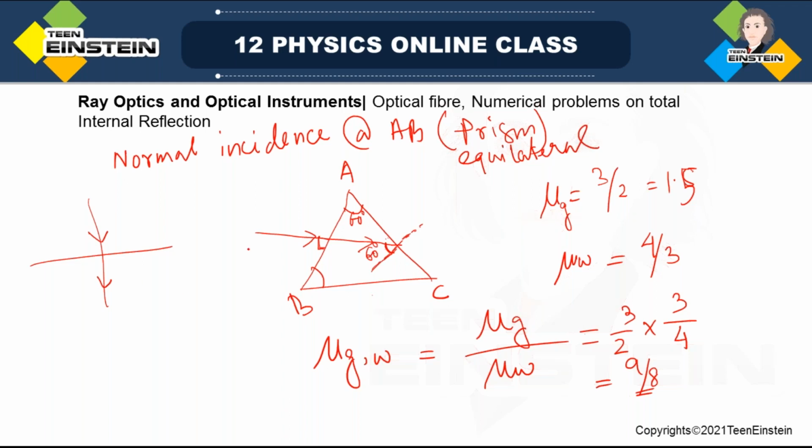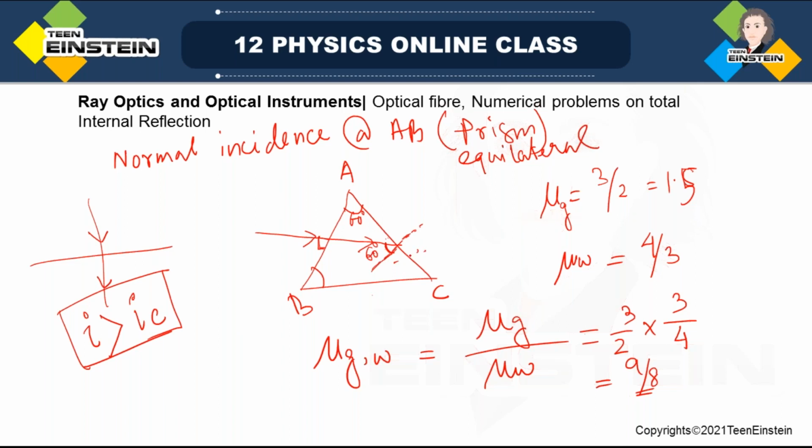Now you come here. Total internal reflection will happen only when your angle of incidence is greater than IC. So whenever you are asked whether there will be total internal reflection, what you have to do first is find out the critical angle.